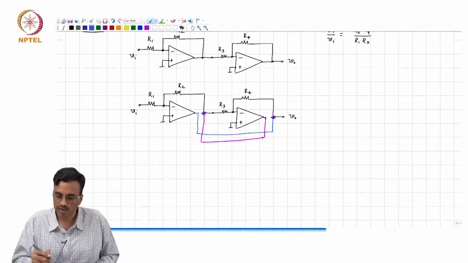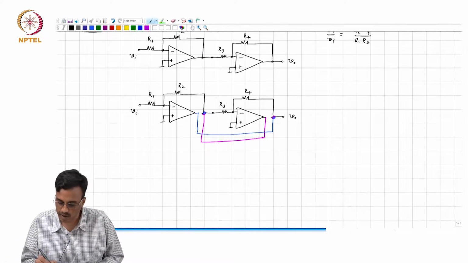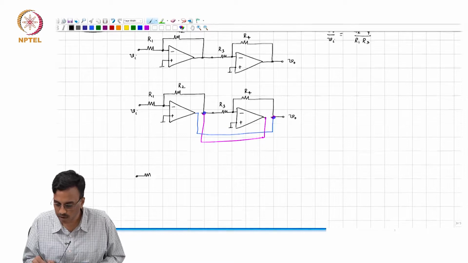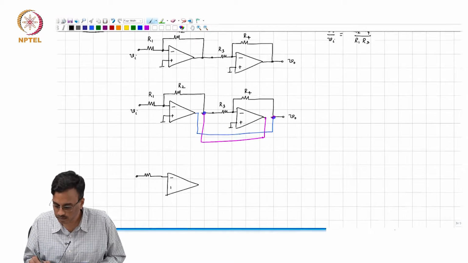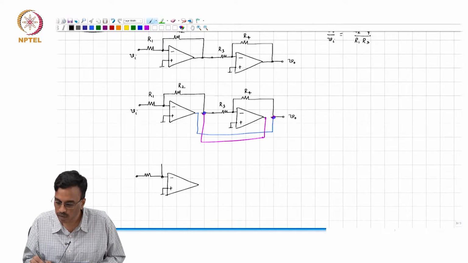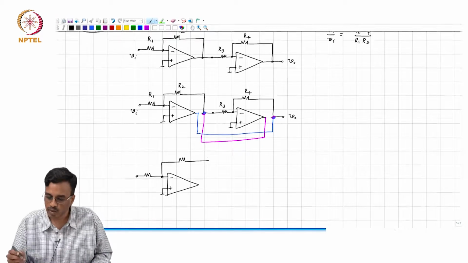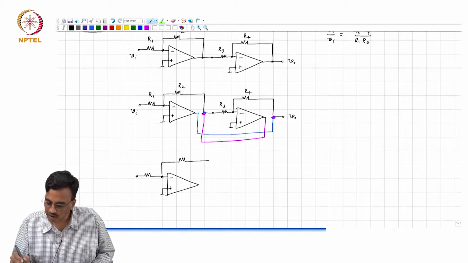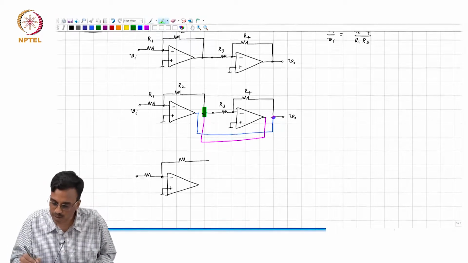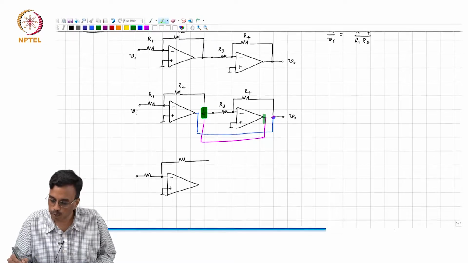Well, first thing to do is redraw this confusing diagram into something less confusing. So, remember, look at this. This node is being driven by the output of this op amp.